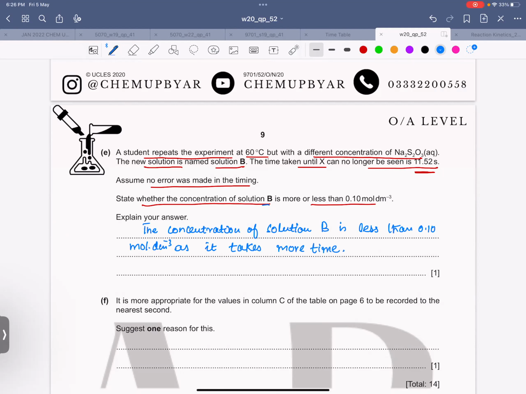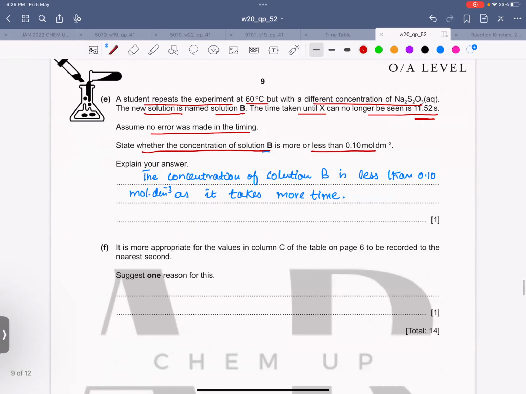Okay. Now, next part. It is more appropriate for the values in column C of the table on page 6 to be recorded to the nearest second. Suggest one reason for this.